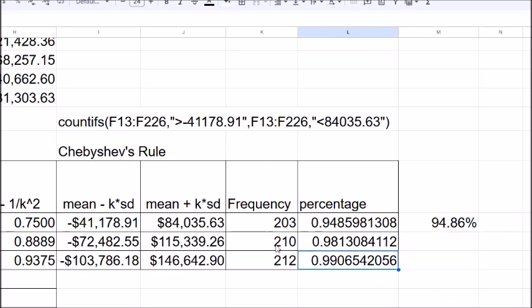And then 210 divided by 214, and we get 98.13%. And then right here we get 99.07%. So 94.86% are between the first two values, 98.13% are between the next two values, and then 99.07% are between the last two values.